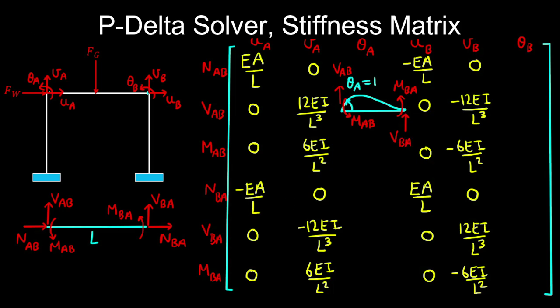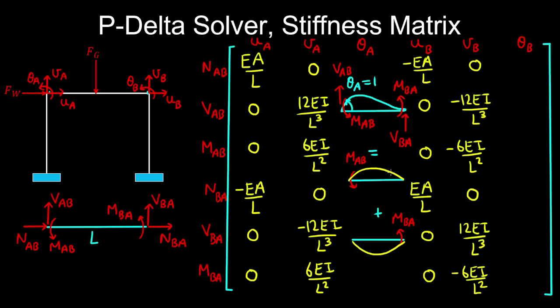So if we use superposition, we can superimpose two cases, and in this case, we release the fixity at node A. So what we get is MAB causing a deformed shape that looks something like this. Note that we release the fixity, and MBA causes a deformed shape in the opposite direction.